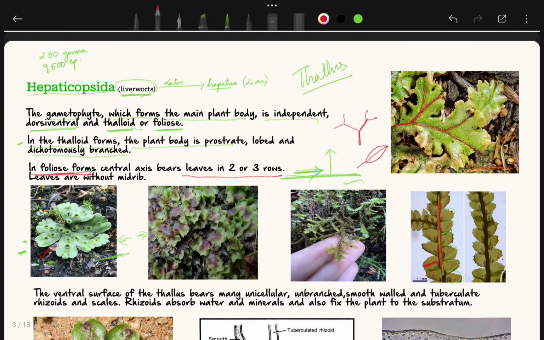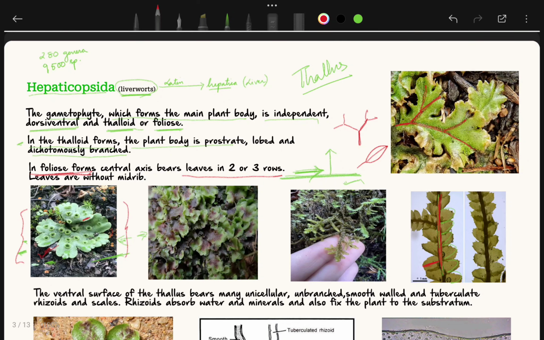So this gametophyte is the main plant body. It is independent and it is dorsiventral, meaning it has two surfaces, the dorsal side and the ventral side. And then it is a thallus-like structure, meaning that the plant body is not differentiated into stem, roots and leaves.